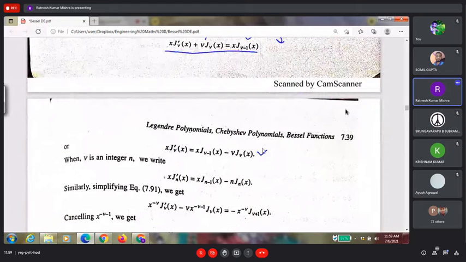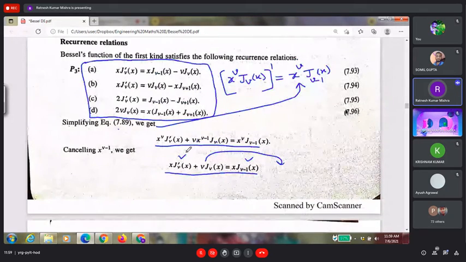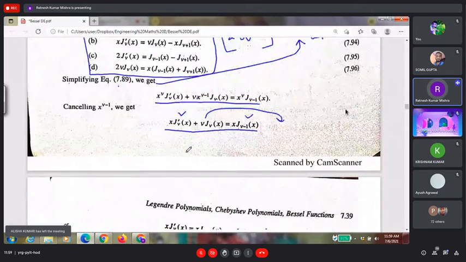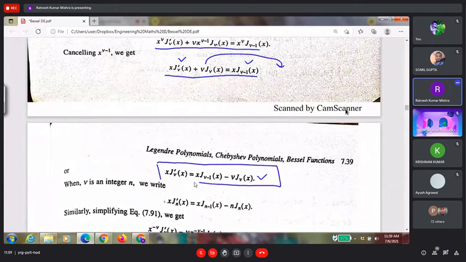So this is, when v is an integer n, so replace v to n. अच्छा, उसके पहले this is the first property we have proved. X j v dash and x j v minus v. This is the A.